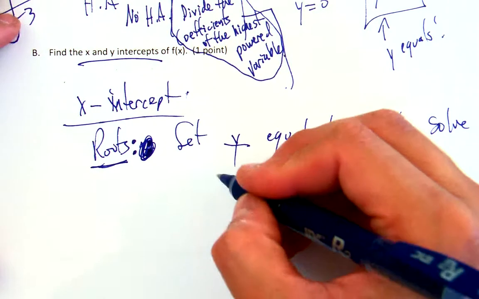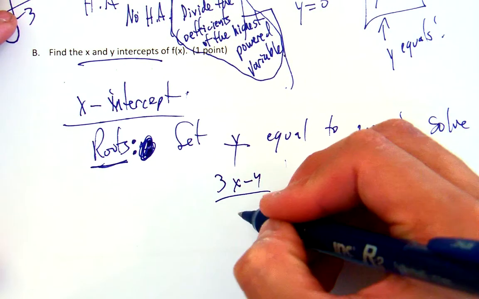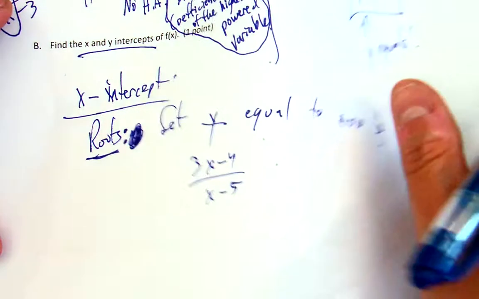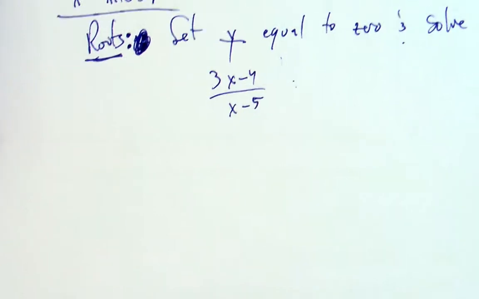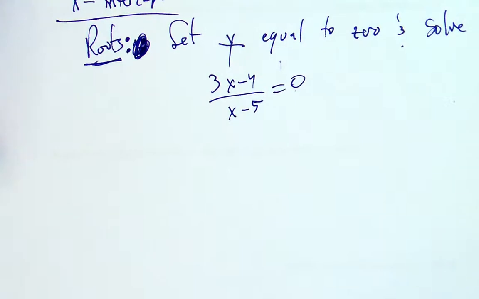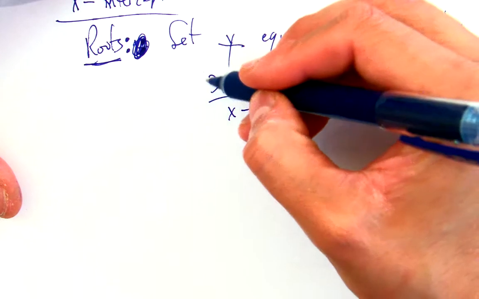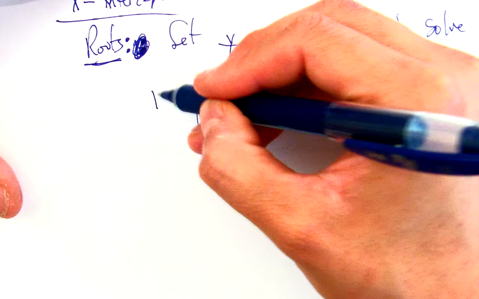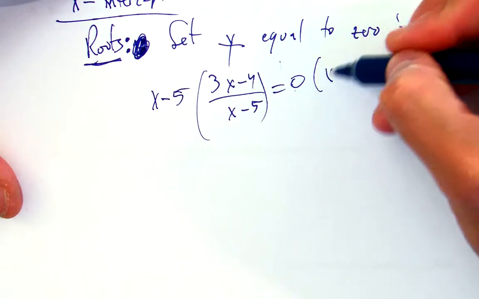So doing that here, if you have 3x minus 4 over x minus 5 equals 0, solving this one is pretty simple. What do I do? Multiply both sides by x minus 5 to cancel the denominator.